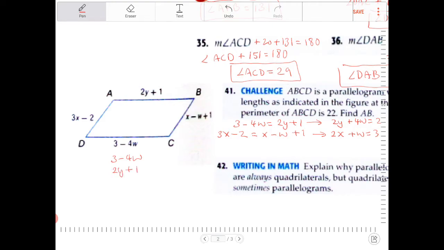I'm going to write this out: x minus w plus 1, 3x minus 2, 3 minus 4w, and 2y plus 1.